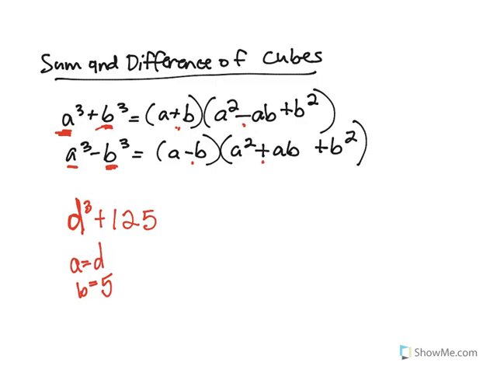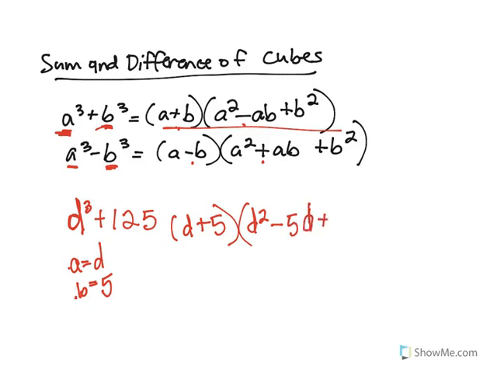Okay, so now I have the A and the B. I'm going to put that into this first equation. d plus 5, and then A squared, which is d squared, minus A times B, plus B squared, which is 5 squared, which is 25.